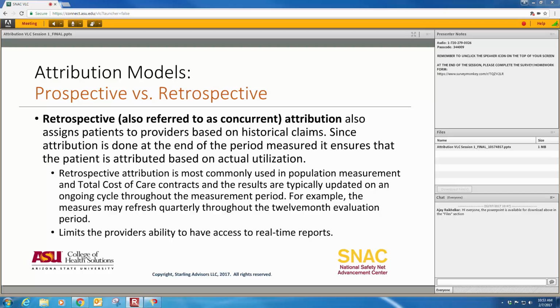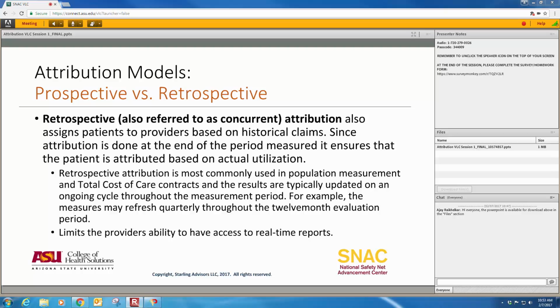Retrospective attribution is most commonly used in population measurement and total cost of care contracts, where the results are typically updated on an ongoing cycle throughout the year. So attribution might change periodically throughout the year. Patients might pop on and off of the roster.